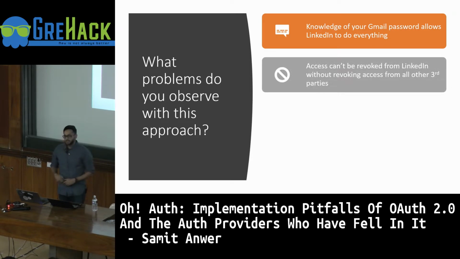Also, access cannot be revoked from a single specific third-party application, because similarly, you would be sharing your credentials with multiple third parties. If you want to revoke access from a single third party, you would do that by changing your credentials, and the credentials will change for all the third-party applications, not just one. So you can't revoke access from a specific third-party application.